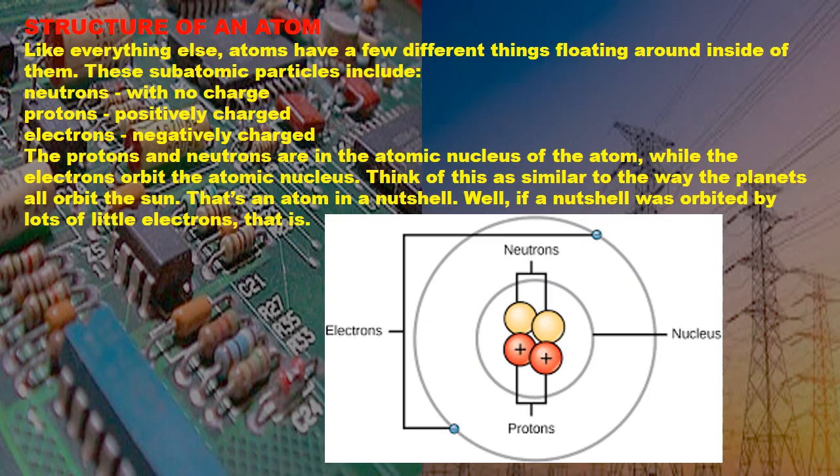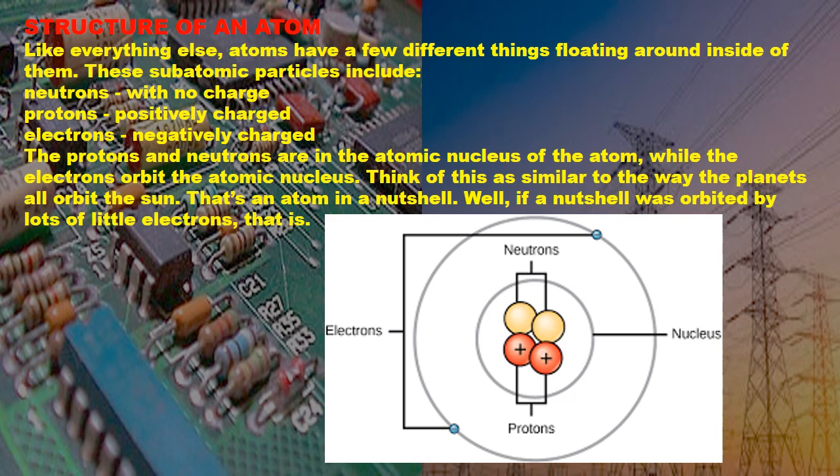Think of this as similar to the way the planets all orbit the sun. That's an atom in a nutshell. Well, if the nutshell was orbited by lots of little electrons, that is it. So when you look at the way our solar system is, all the planets orbit the sun.